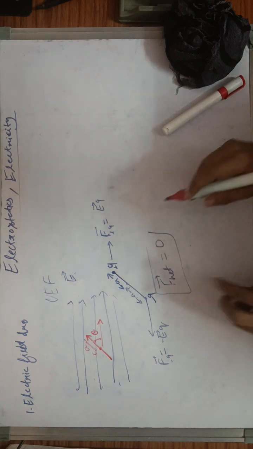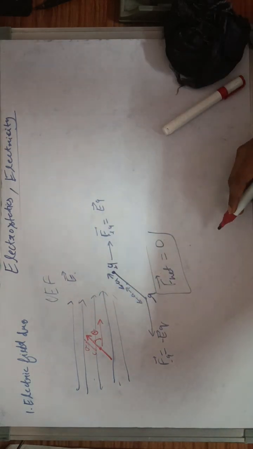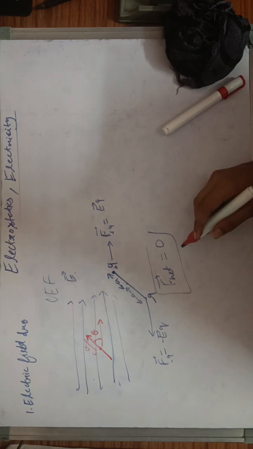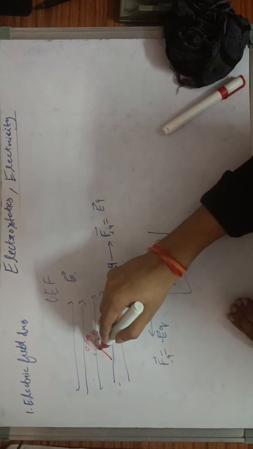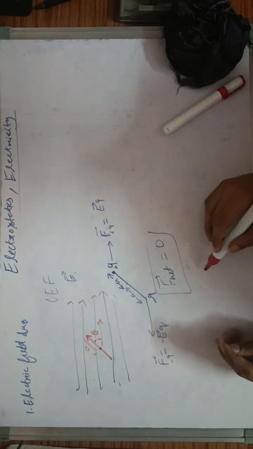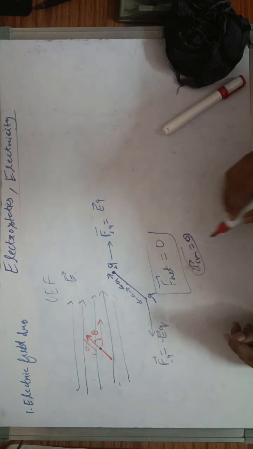The net force acting on the dipole is 0 in this case of uniform electric field, and this means that the center of mass of the dipole will have 0 acceleration. a_CM will be equal to 0. That's what it means.